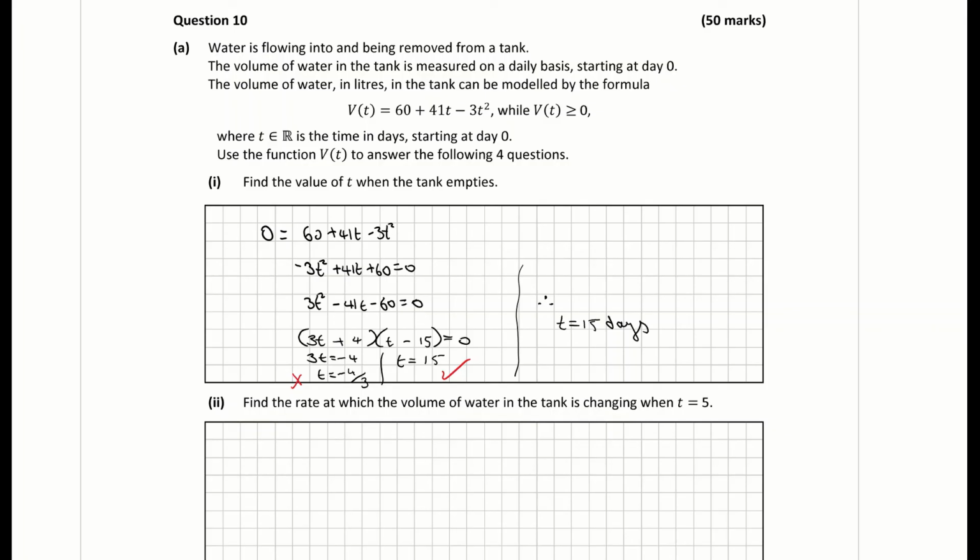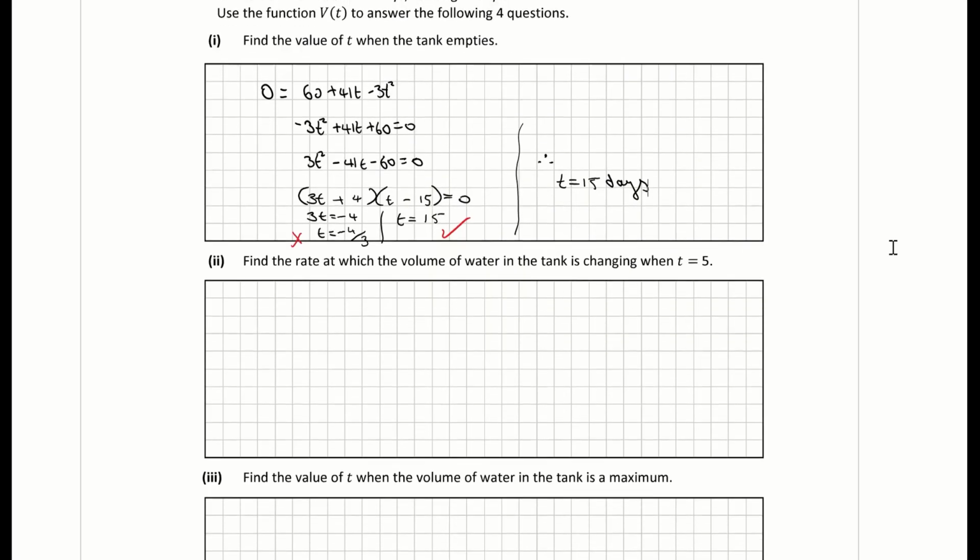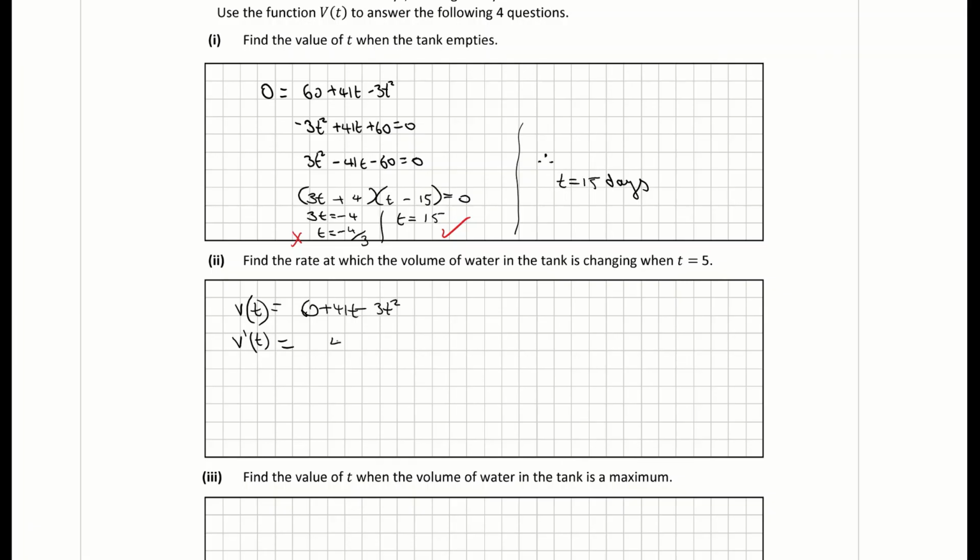And that's part 1. Part 2, find the rate at which the volume of water in the tank is changing when t is 5. So this has got to do with rate of change, which brings my attention to calculus, differentiating the function. So let's write down the original function. The formula for volume at a specific time is 60 plus 41t minus 3t squared. I'm going to differentiate it, so the 60 is the constant, which will drop. 41t differentiated becomes 41, and minus 3t squared becomes minus 6t.